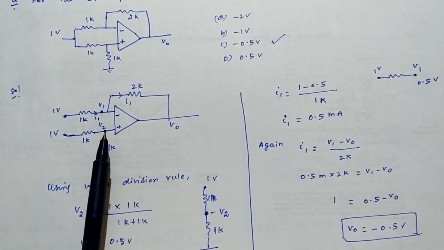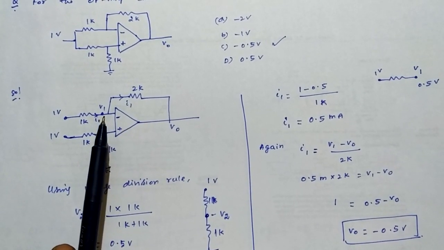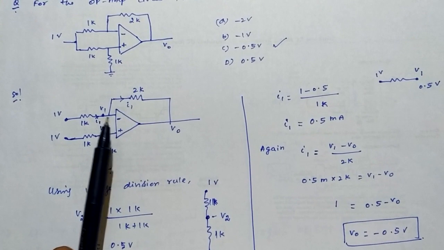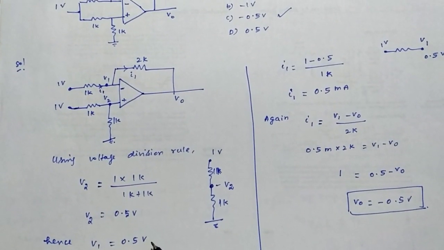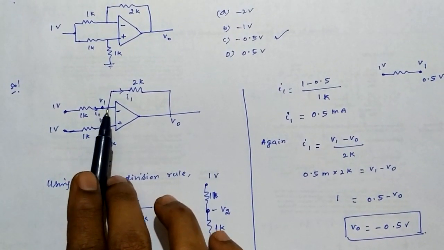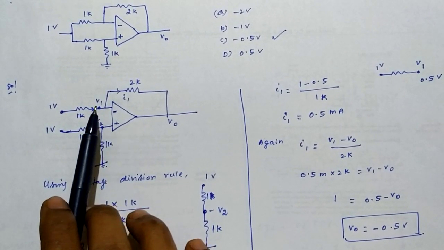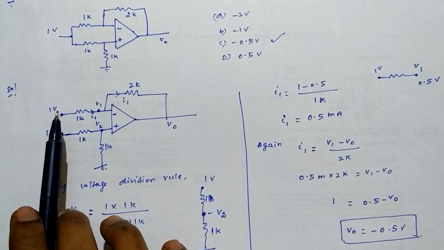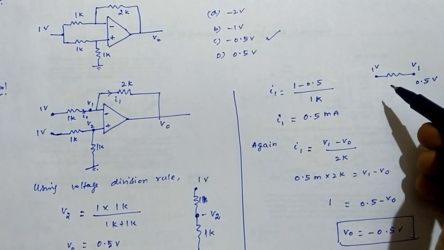Since V2 is 0.5 volt, using the ideal op amp, V1 also has 0.5 volt. Again, the inverting terminal is supplied with 1 volt, and this resistance is 1k.